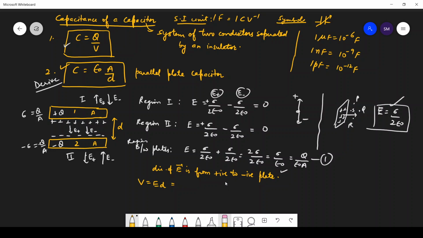This is your E, equation 1. So put this value of E over here.